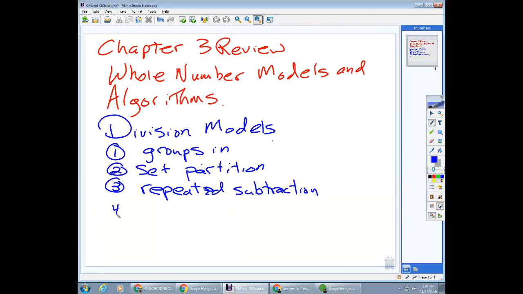And 4 is the missing factor. And so let's just look at the difference between groups in versus set partition.